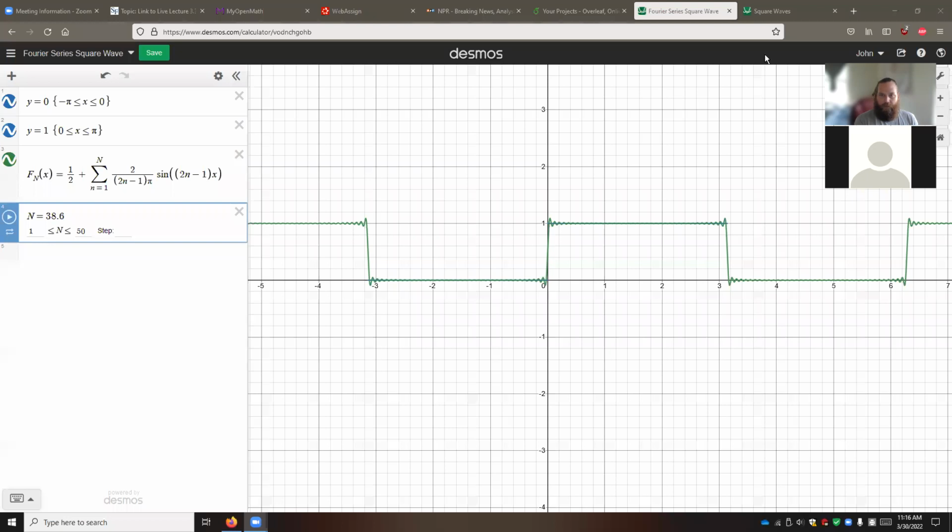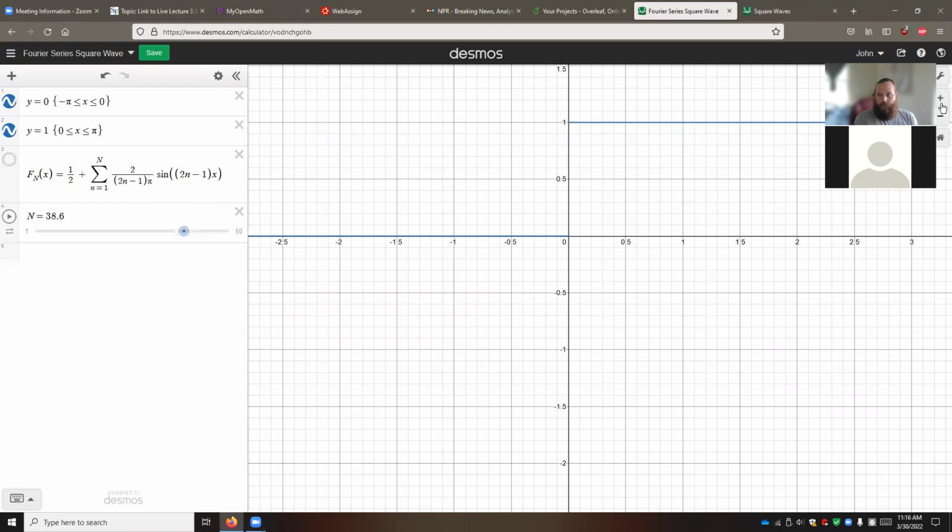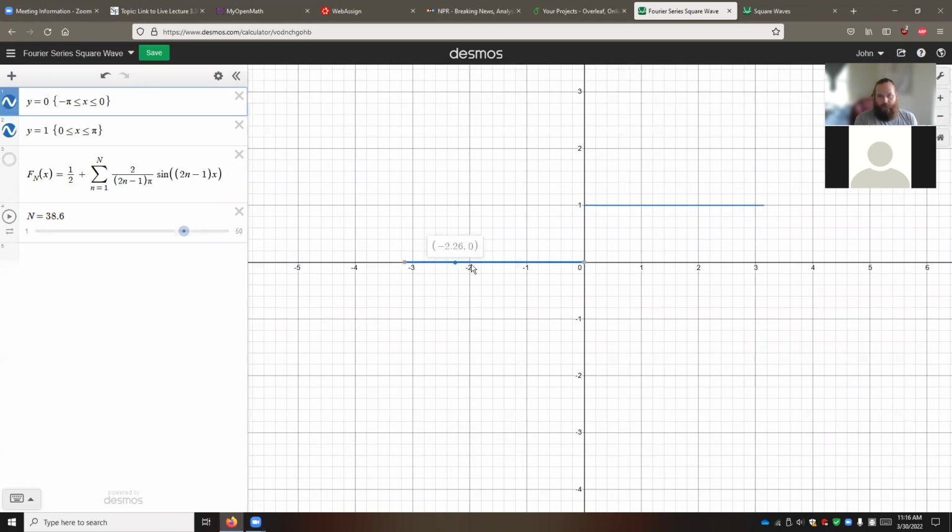Really quickly, I'm excited to share this with you because this is something I'm doing with my honors calc class. There are other ways besides power series to approximate functions. So if you take this function right here, which is a fairly simple guy, he's 0 until you get to 0, and then he's 1 thereafter. He's piecewise constant. Might seem like a silly thing to try and find an approximating series for.